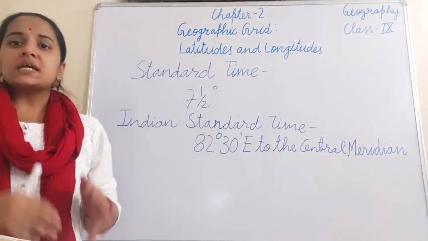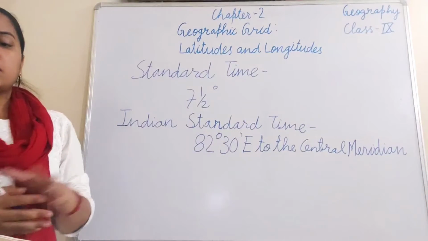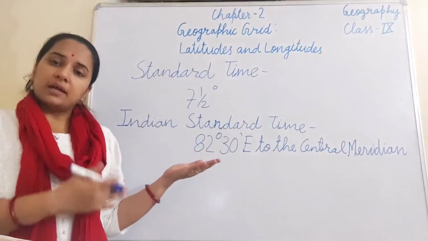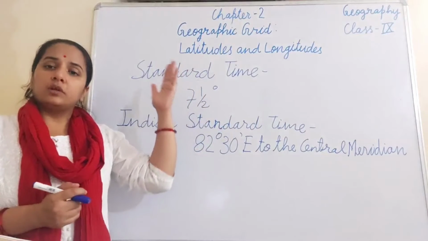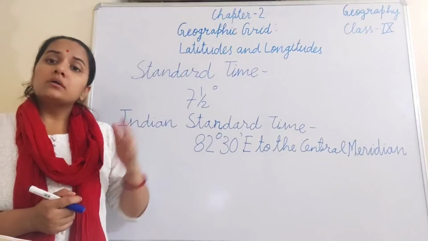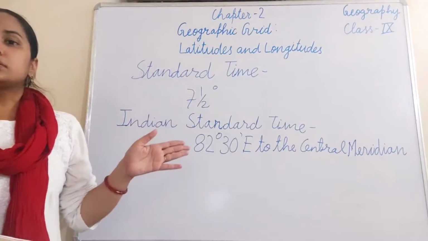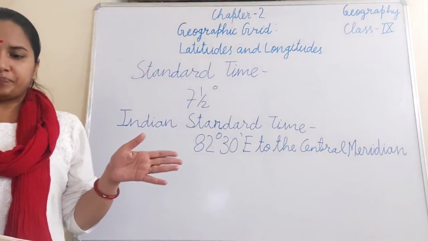So while fixing the Indian Standard Time with respect to the Greenwich Mean Line, all the time that we are going to fix will be with respect to the Greenwich time, because the prime meridian is passing through Greenwich.